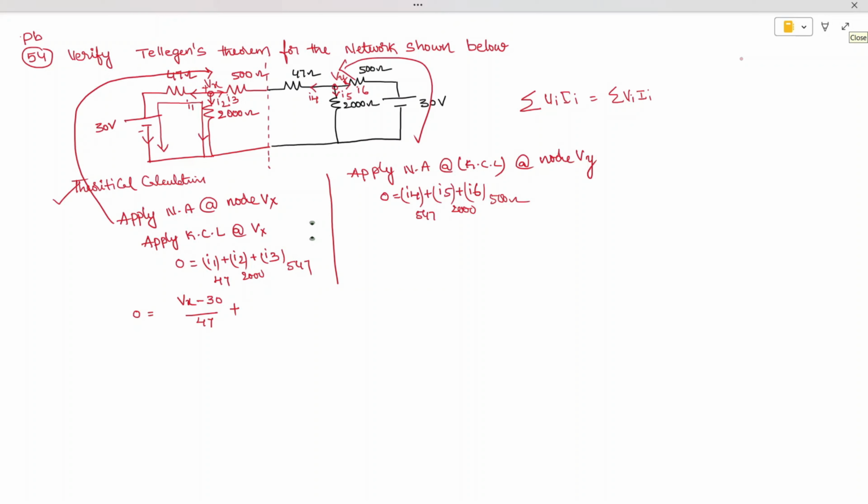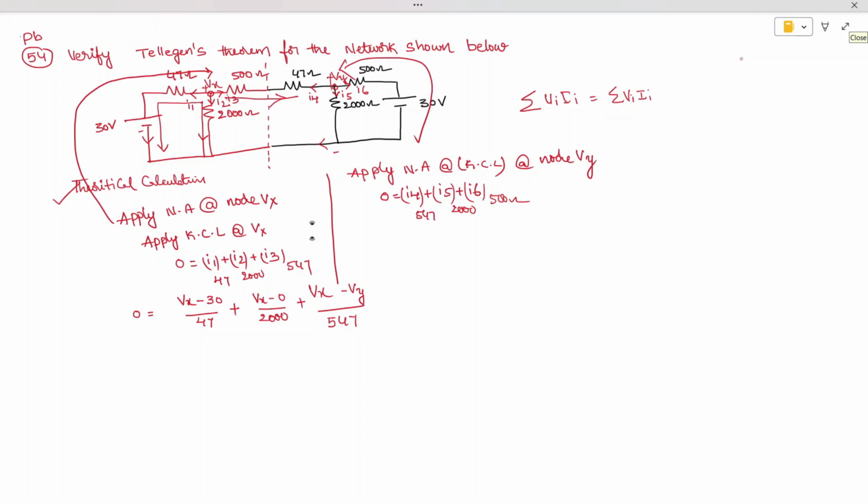This current I2 I can write as Vx minus 0 divided by 2000 ohms. And for the current flowing in this complete branch, plus Vx minus Vy, divided by 500 plus 47, which is 547.